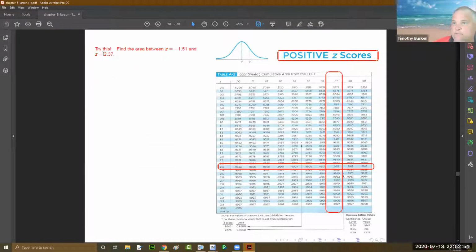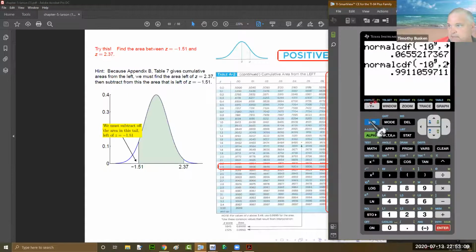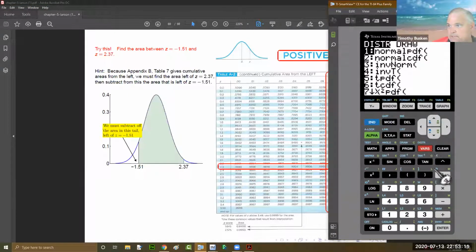Okay, here's one more example of using the Z table. Find the area between Z equals negative 1.51 and 2.37. So we're looking for this area, the area between these two numbers. Of course, if you want to do the problem the easy way, you're just going to use your normal CDF command.